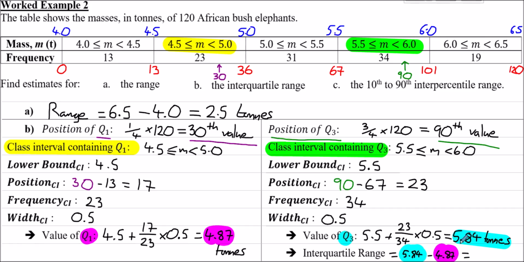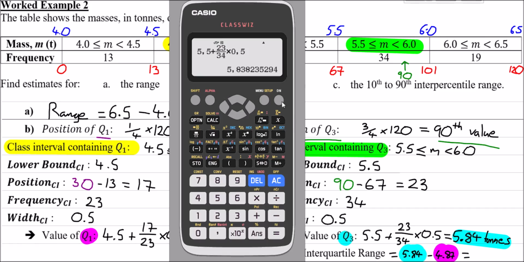So if we do that on our calculator, 5.84 subtract 4.87, we should see that we have 0.97 tons.